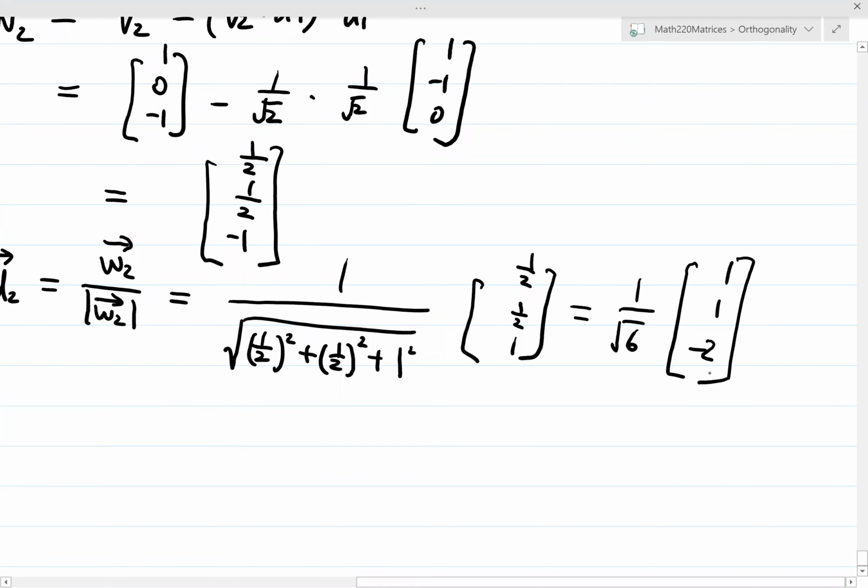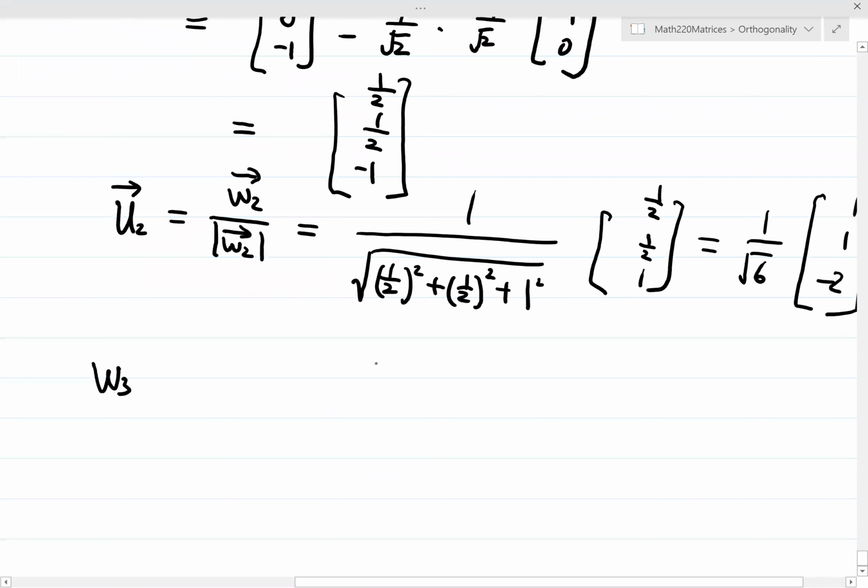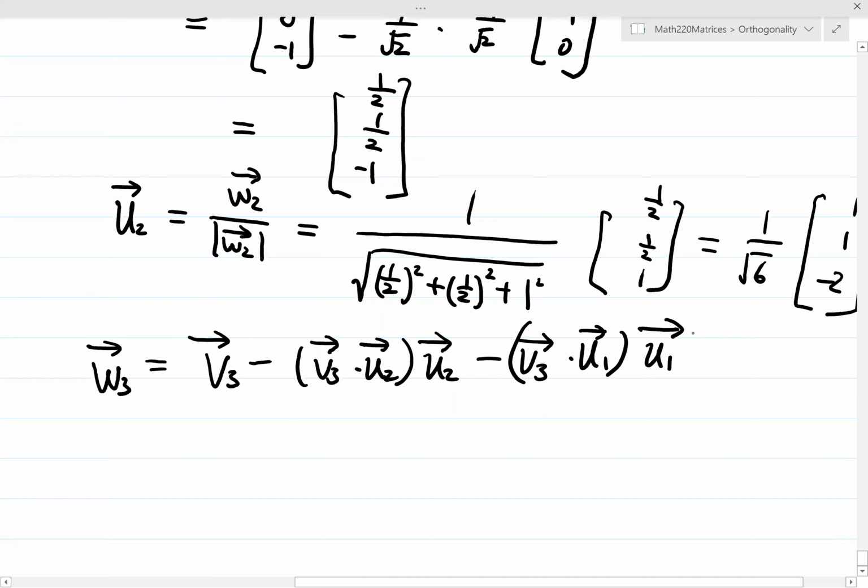Then we find W3. W3 is V3 subtract the projections onto its components U1 and U2. That is V3 dot U1 times U1, and so on.